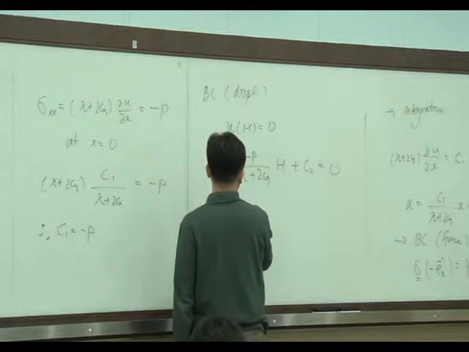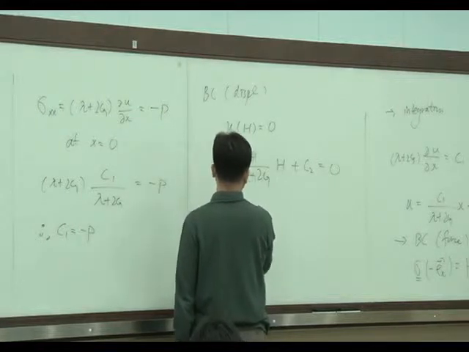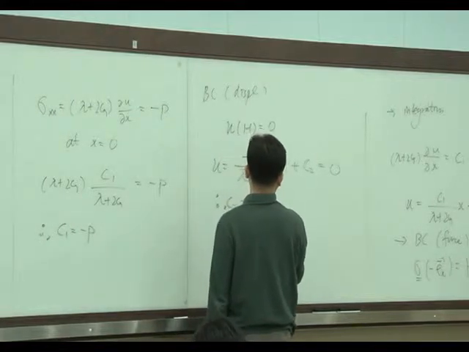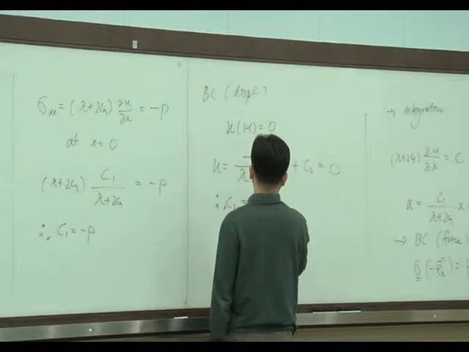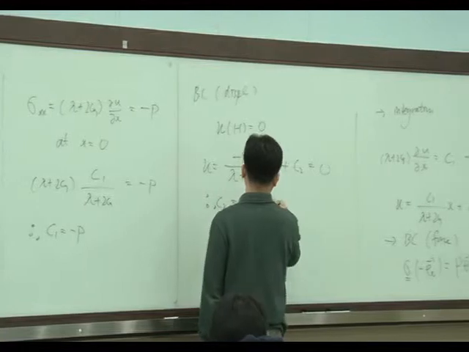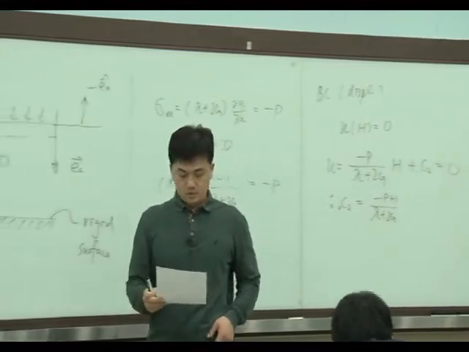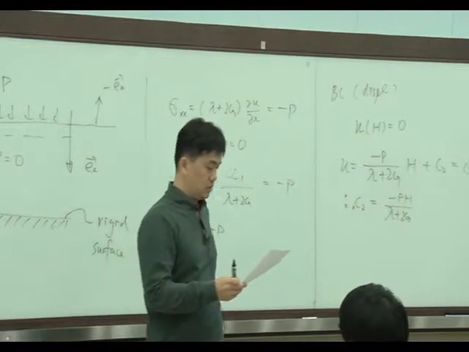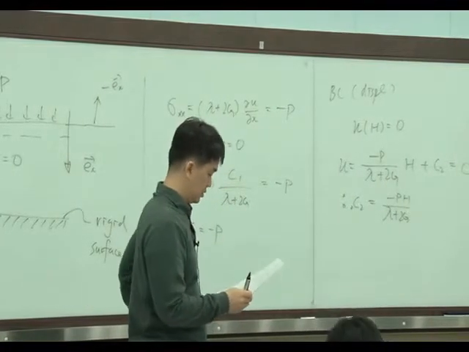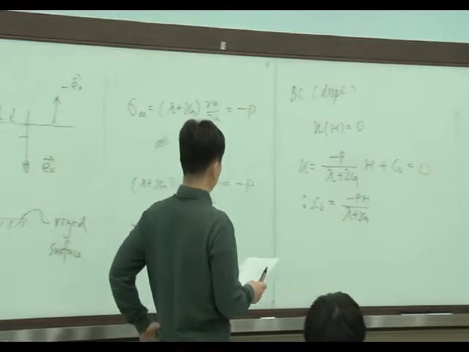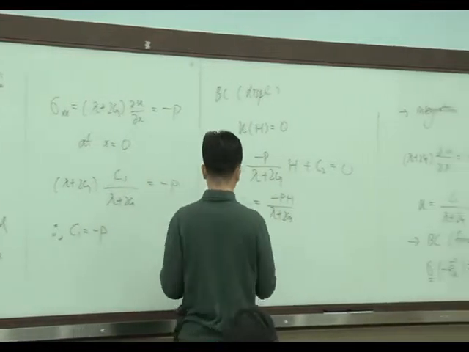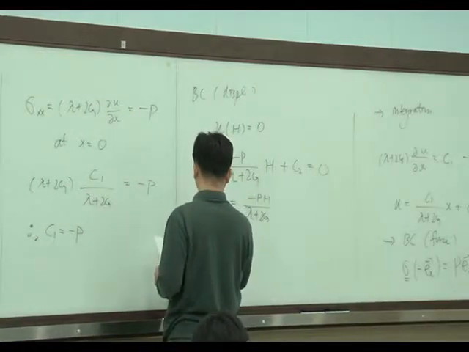So now we can find C2 equal to P H over (lambda plus 2G). So now we found C2. So finally, the solution.